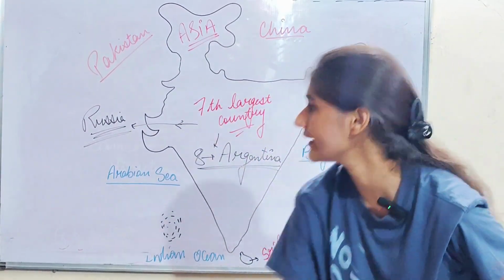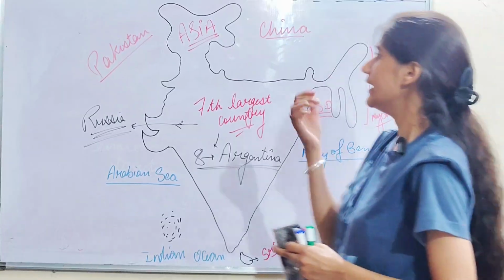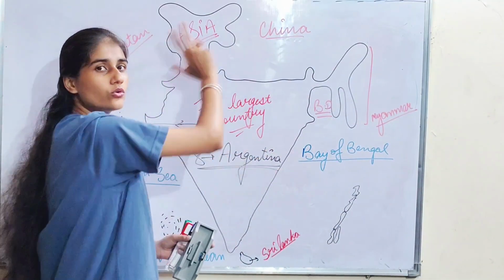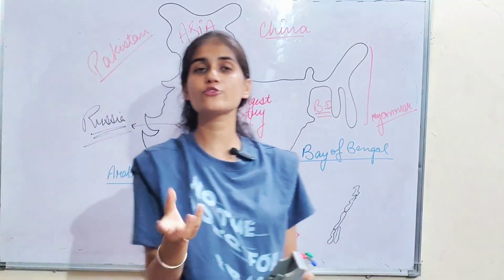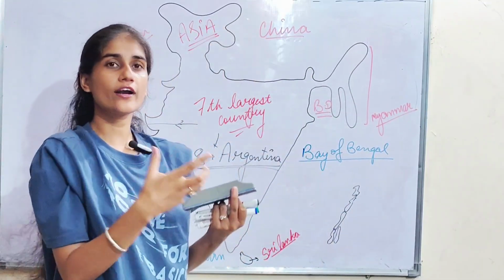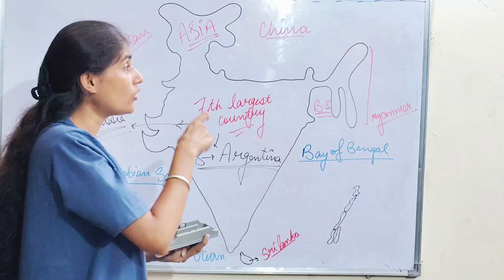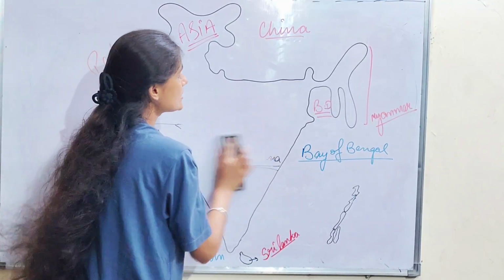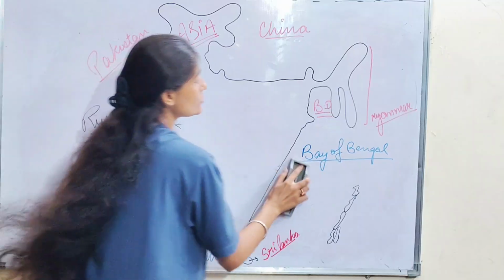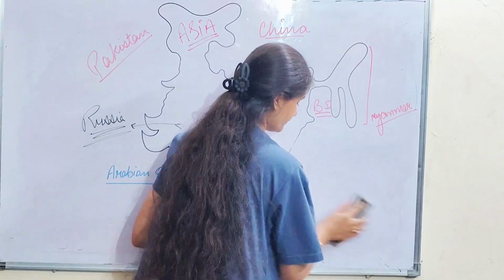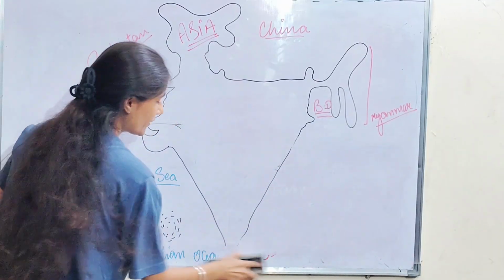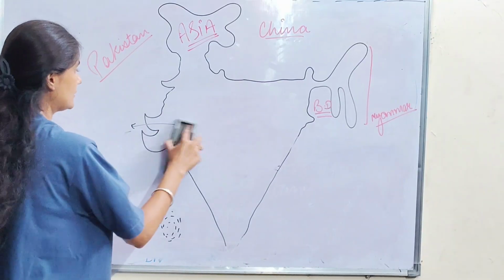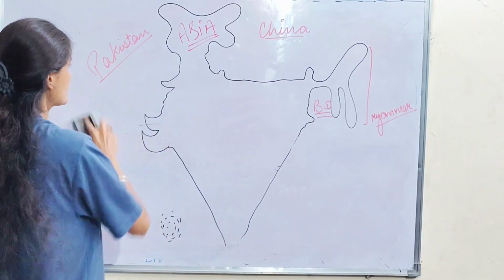Now the next thing is that this is how India looks from the outside, but how is it from the inside, like physiography, physically? So now we will do that. India has been divided into 6 major parts on the basis of its physiography. Let's see those 6 parts.